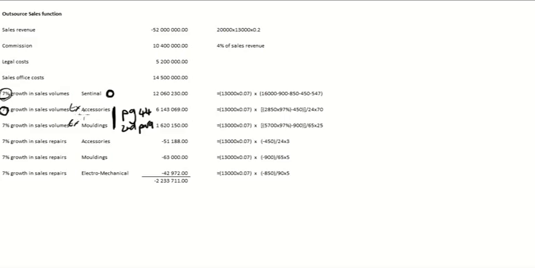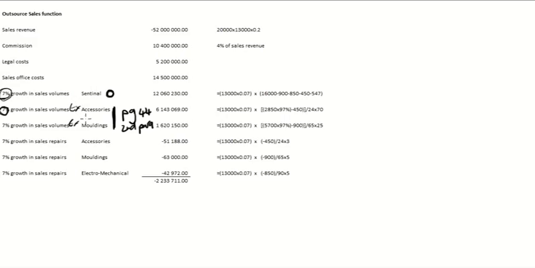Now, some would say that that sentence is a little bit vague, that it does not refer to the external sales. But what else would it refer to? If we know that the production volumes would increase by 7% for the Sentinel, but those are referred to as internal transfers, the only sales that they can be talking about is the external sales.